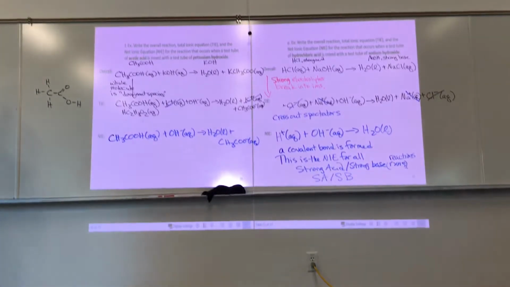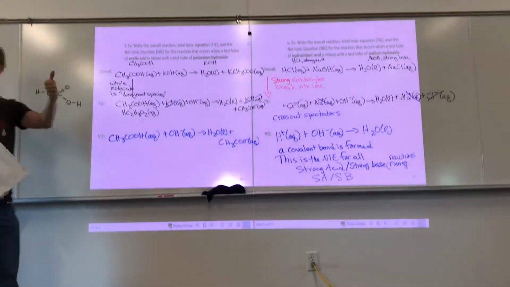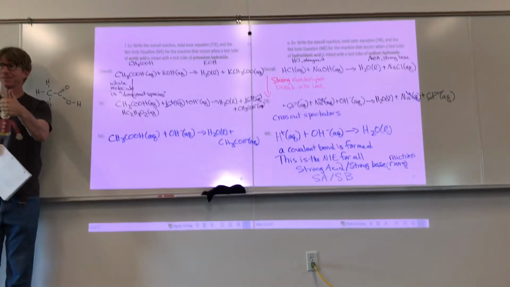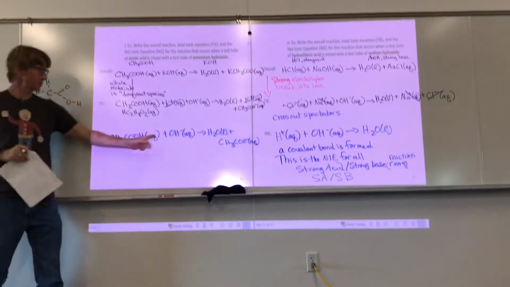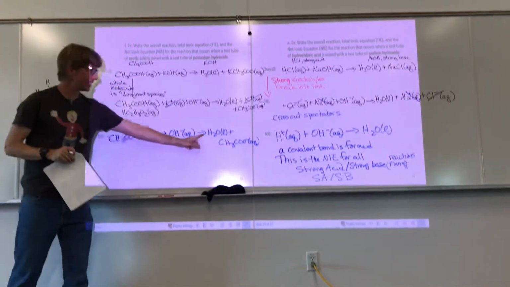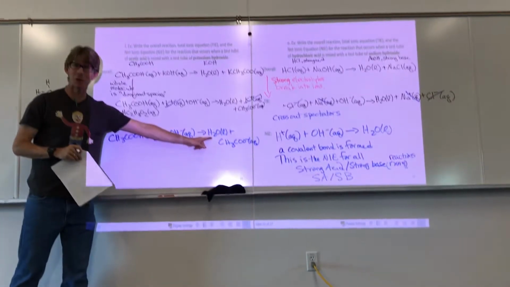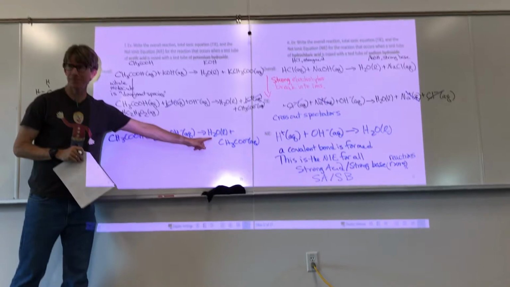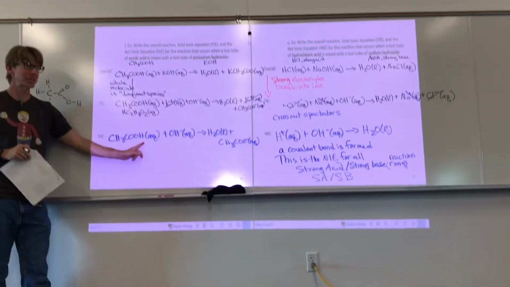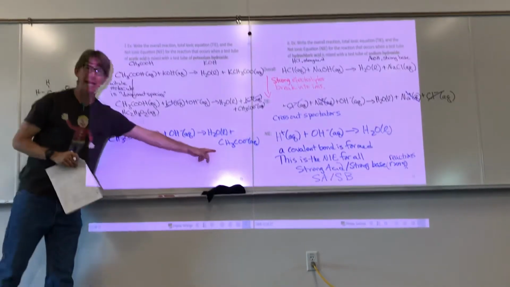And we get acetic acid plus hydroxide goes to water plus acetate ion. Were bonds made? We took a hydroxide, we added the H plus to it, we made a covalent bond here. Were bonds broken? Yes. This H was removed to make acetate.